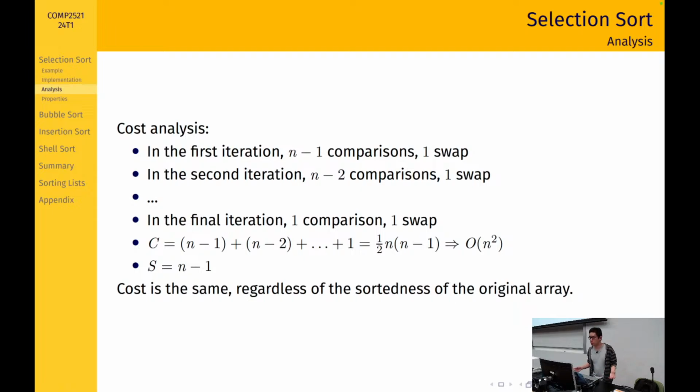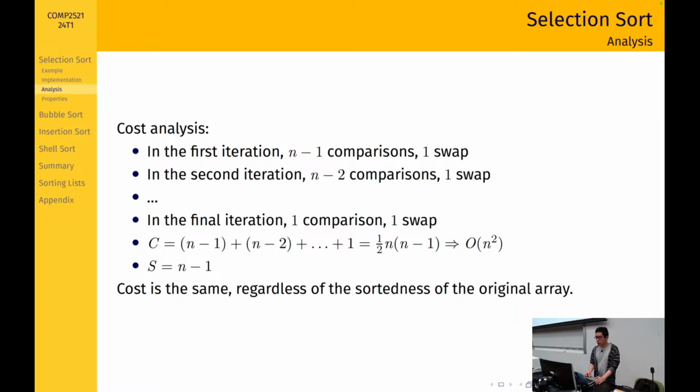So that's n-1 comparisons, and at the end of the iteration, we perform one swap. In the second iteration, now we have n-1 elements remaining because we've already put the smallest item in the right place. To find the smallest item out of the remaining n-1 items, that's going to take n-2 comparisons, and then at the end of the iteration, we perform one swap. This continues until the final iteration, where we have one comparison and one swap.